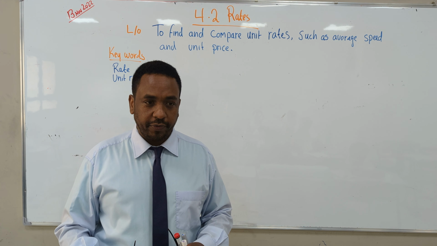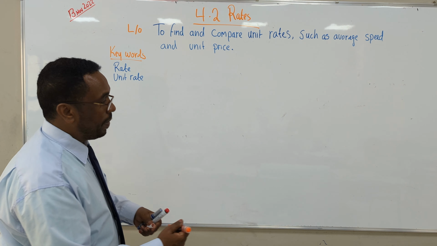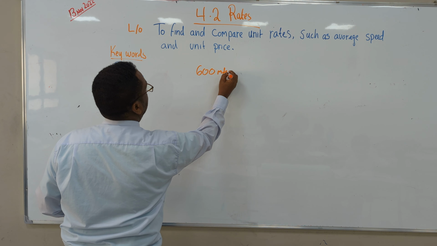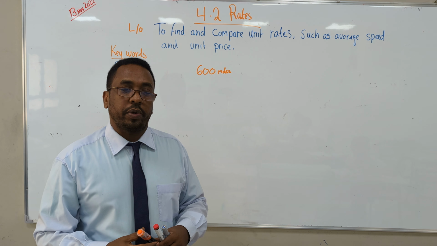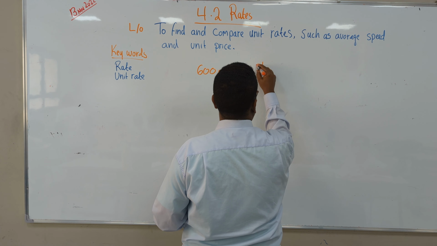Let's use an example. A Kuwaiti family wants to go on a short trip and stay in the Saudi city of Dammam. Dammam from Kuwait is, just as an example, 600 miles, and the family is planning to travel for 6 hours.